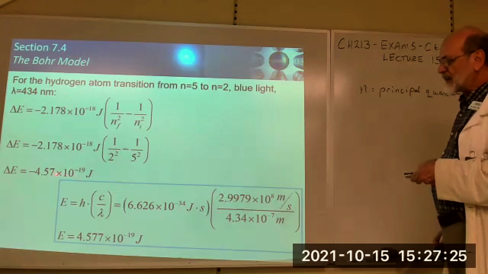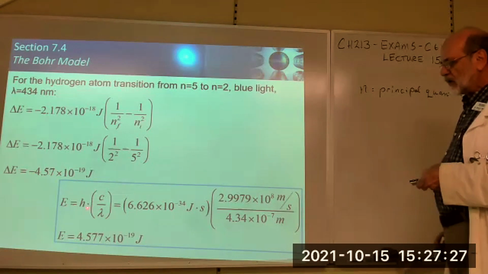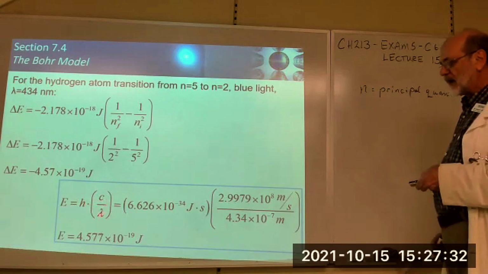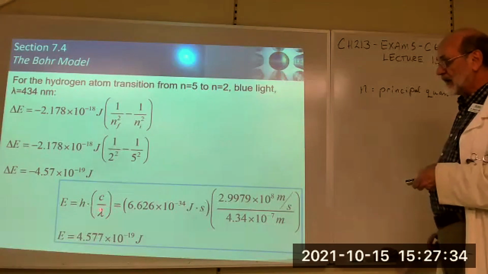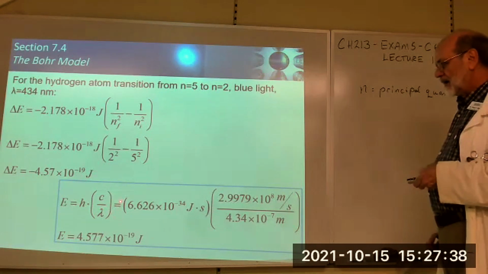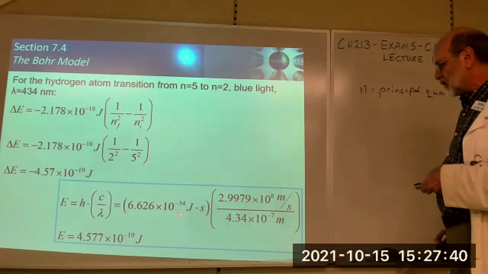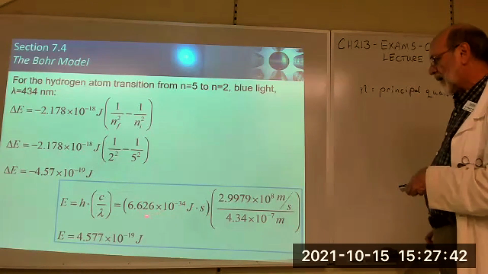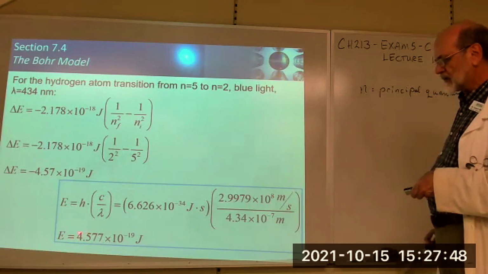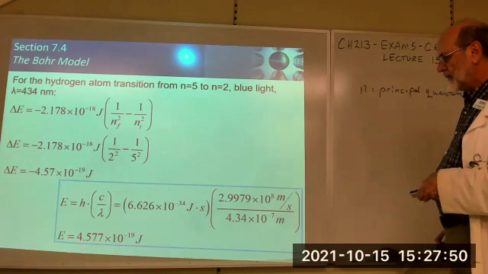But when we take that energy change and we stick it in our formula here for h nu or hc divided by lambda, we can determine the wavelength of that light. And the one thing that we have to do, though, is remove that negative sign. This is an absolute value.